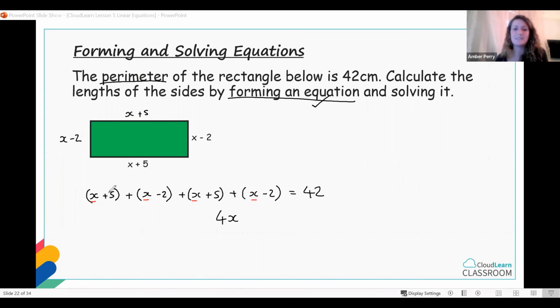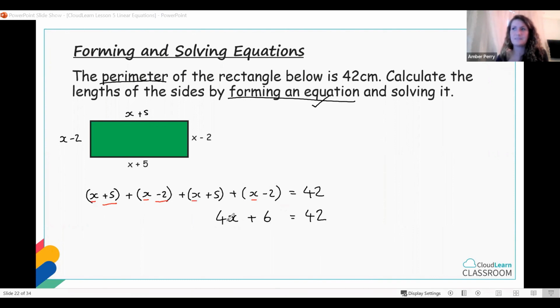A number always has a sign. So it's either positive, like this positive 5, or negative, like this negative 2. So we've got plus 5 minus 2, so that's 3, plus the number 5 minus another 2, so that should be 6. Yeah, that's 6. 4x plus 6 is equal to 42.